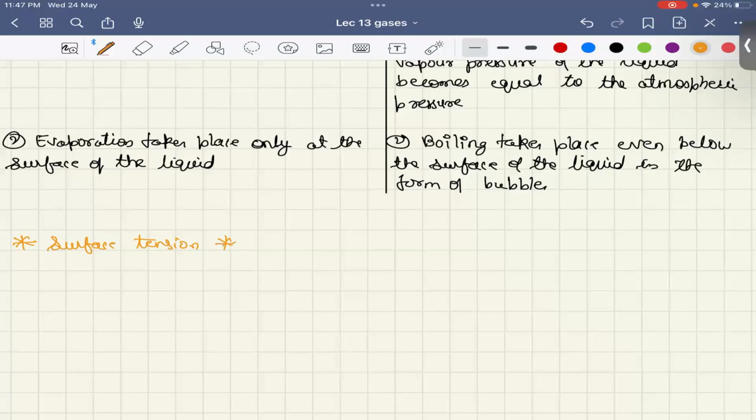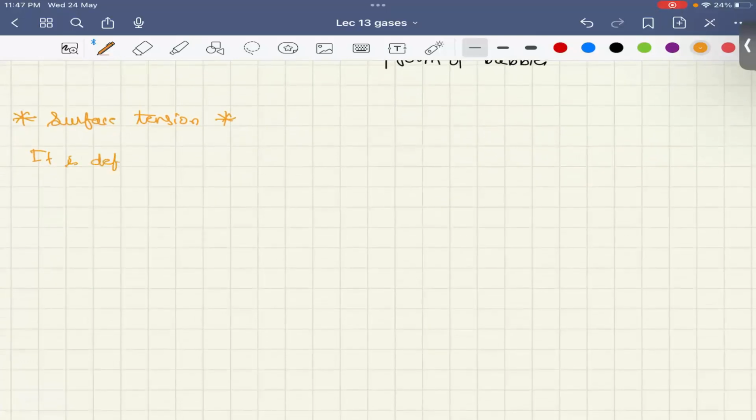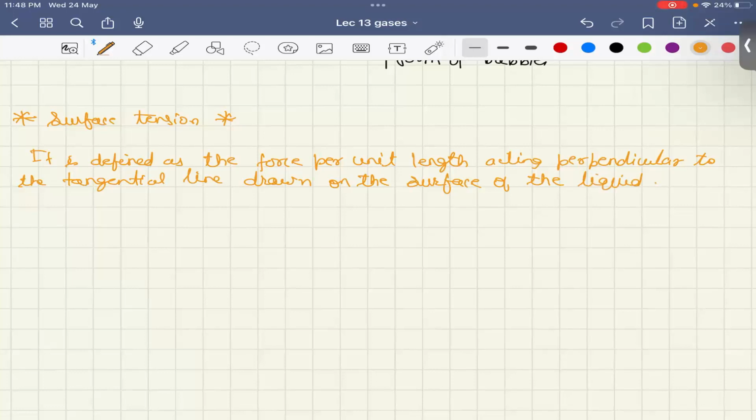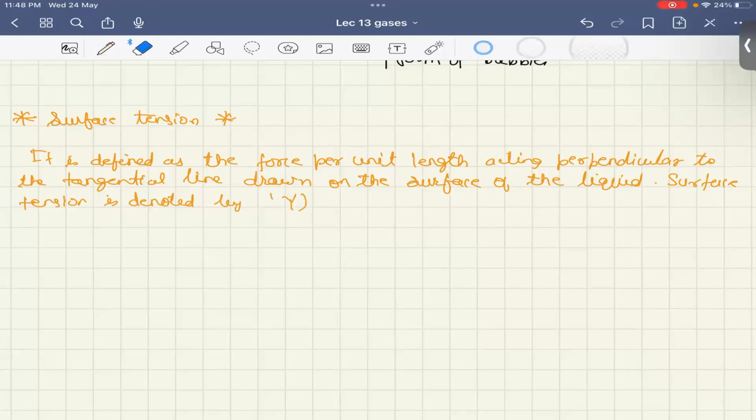So surface tension is defined as the force per unit length acting perpendicular to the tangential line drawn on the surface of the liquid, and surface tension is denoted by the Greek symbol gamma, right? This gamma is denoted like this, right?